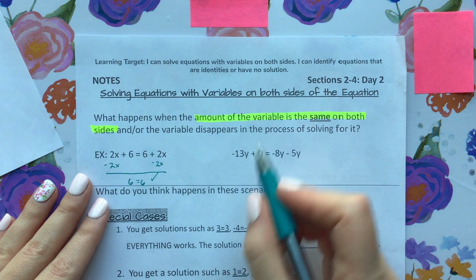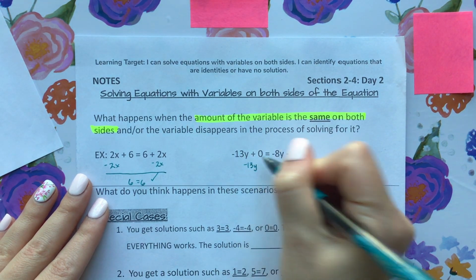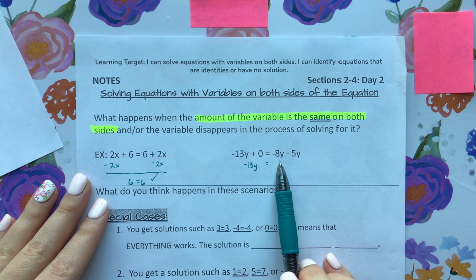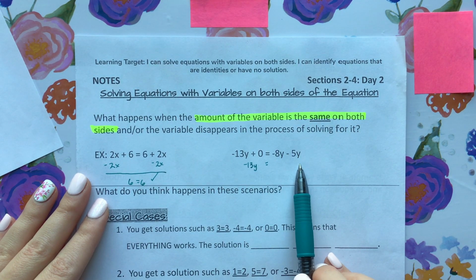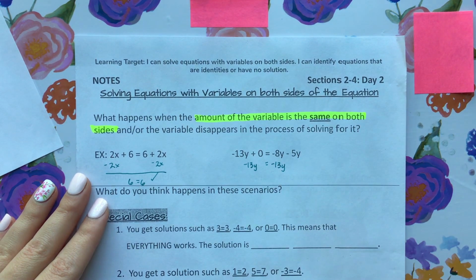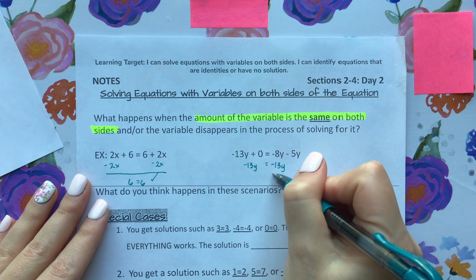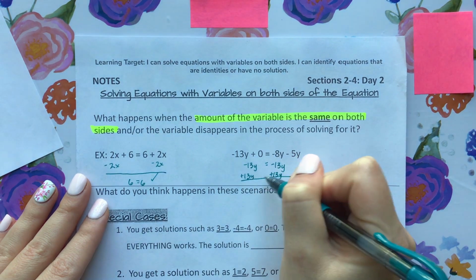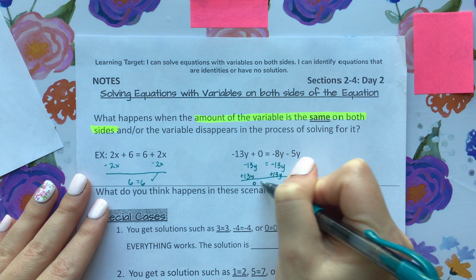Over here, I have negative 13y plus 0, so I'm just going to get rid of that, is equal to negative 8y minus 5y. Well, negative 8 minus 5 is negative 13. And if I try to get my variables all together, I add 13y to either side, and I get 0 is equal to 0.